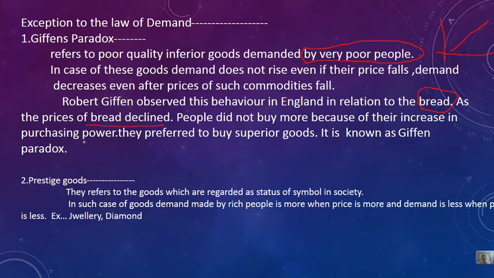So at that time their real purchasing power increases, means due to the fall in the price they can buy 20 more units of bread. But due to this fall in the price of bread, people did not buy more. Because of their increased purchasing power, they prefer to buy superior goods. It is known as Giffen paradox or Giffen goods. In Giffen paradox, the demand curve slopes upward like that, from left to right, an upward sloping demand curve.